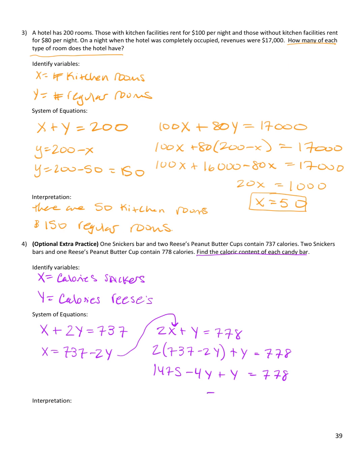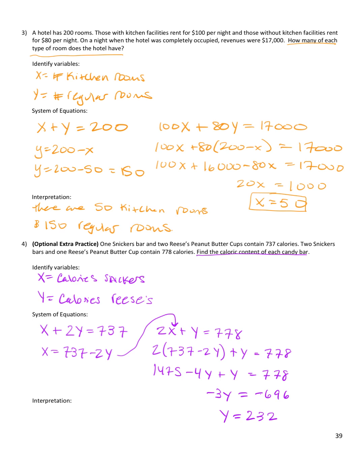We combine like terms, subtract 1474 from both sides, and I get negative 696. Divide by negative 3. And I get 232. So that is the calories in a Reese's, because I had let Y be the Reese's calories.